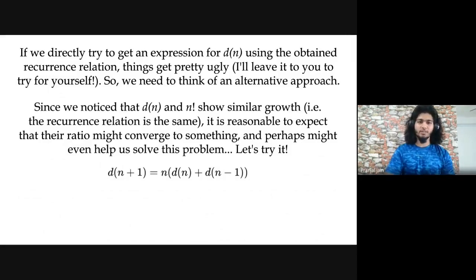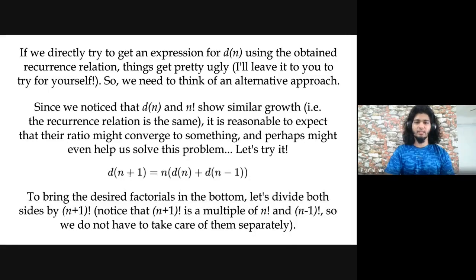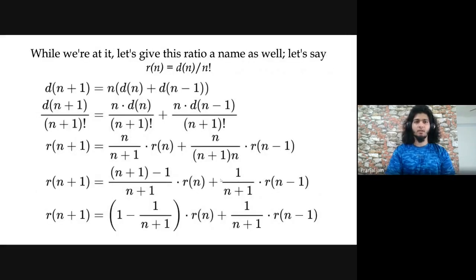So what we can do is divide both sides by n plus 1 factorial, and that will give us the ratio of d of n plus 1 and n plus 1 factorial over here. And of course, n plus 1 factorial has n factorial and n minus 1 factorial as factors, so we don't need to worry about these terms separately. The n plus 1 factorial will cover these two as well.